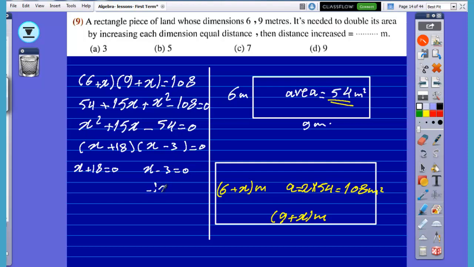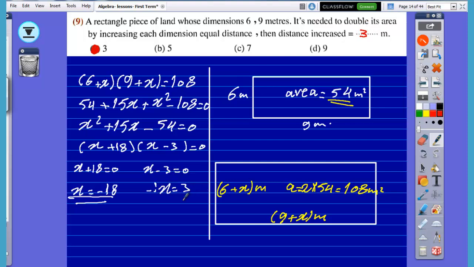Here it means x equals 3, and here x equals negative 18, and this is refused, of course. So the increased distance must be equal to 3 here. So we write 3.